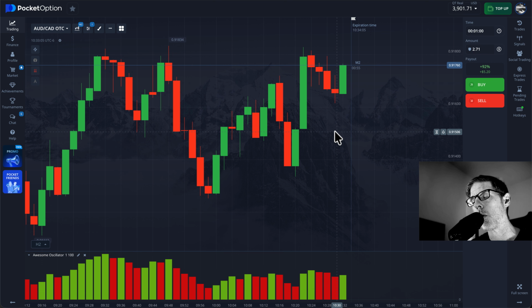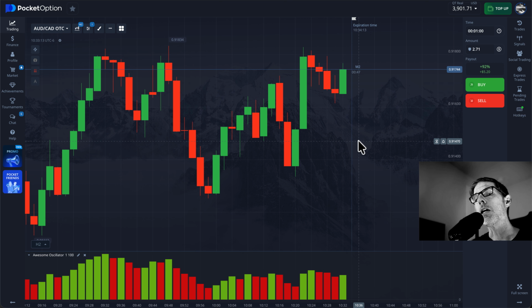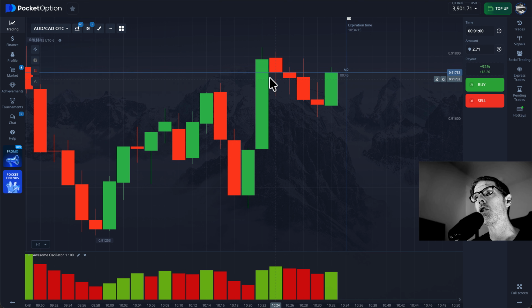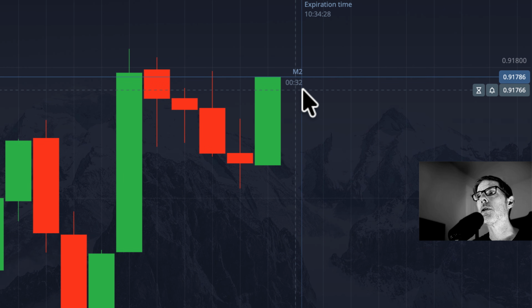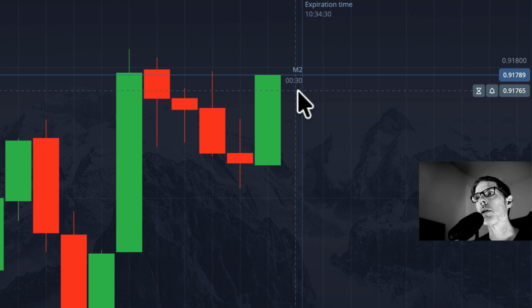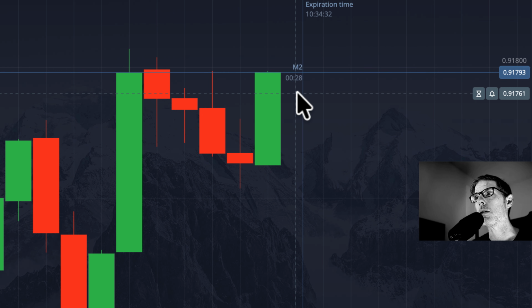It's very straightforward. What you're going to do, when a new 2-minute candle appears on the chart, because each one of these candles represents 2 minutes, right? So we have to wait for a new one. Let's just say right at the moment, it needs about 32 seconds before a new 2-minute candle appears.